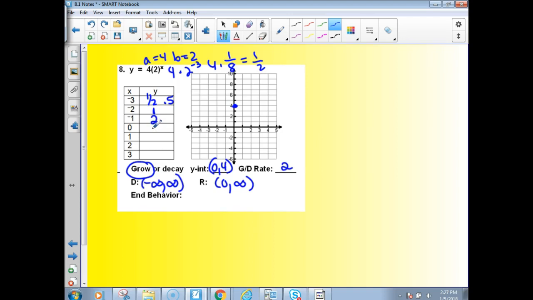If you put in 0, 4 times 1 would be 4. Put in 1, 8, 2, you get 16. And then if you put in 3, you'd get 32. Okay, negative 3, 1/2. Negative 2, 1. Negative 1, 2. 0, 4, and 1, 8.